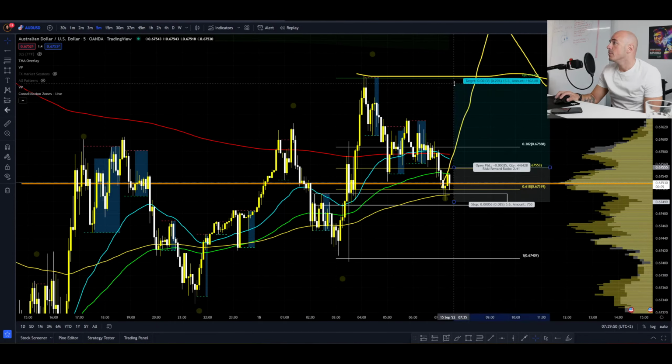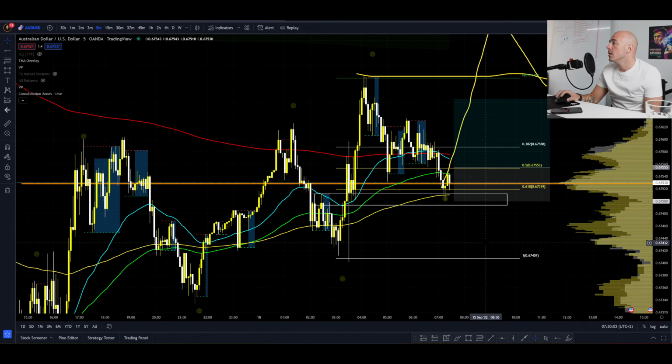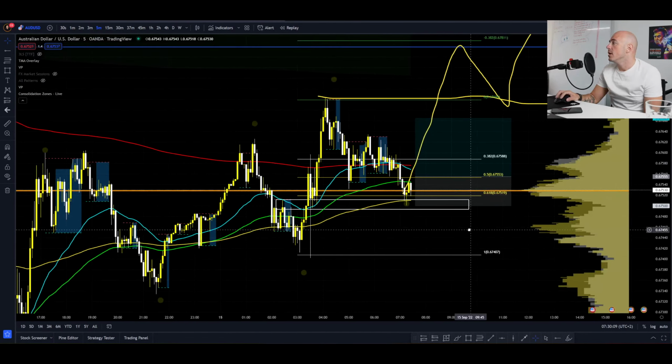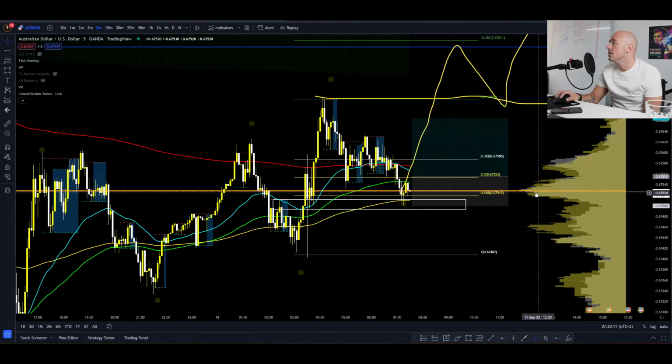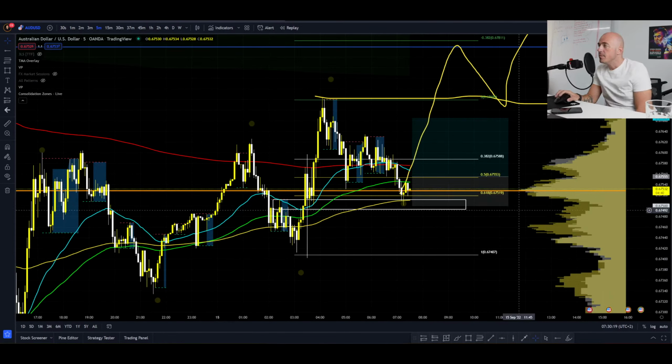Maybe a little scalpy scalp. I wouldn't be too comfortable with that, but I would be comfortable with that range. Maybe. There's a lot of buyers here, but also an equal amount of sellers. And as you can see, this is the volume profile peak zone.